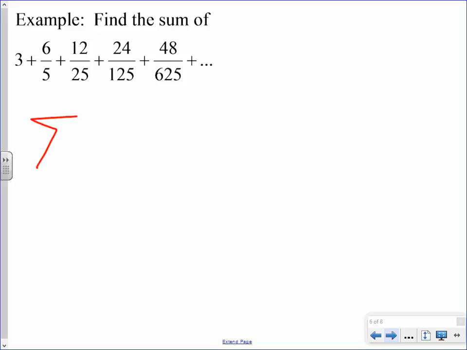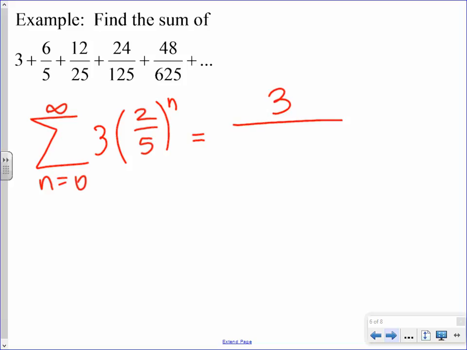So we can write that this is the sum from 0 to infinity. Our first term is 3, and then 2/5 is that number that we keep multiplying by from term to term. Since 2/5 is less than 1, we know that this series will converge. To find what it converges to, we're going to put the first term over 1 minus r.